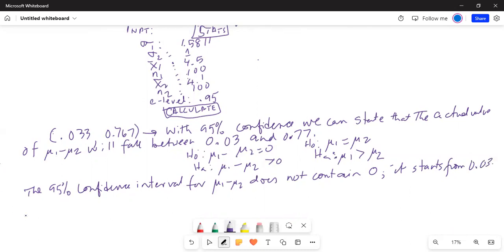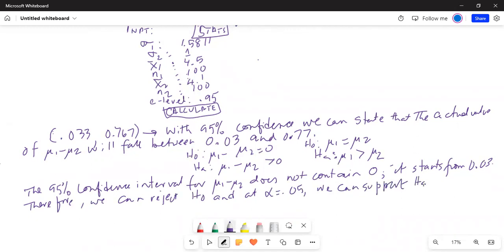Therefore, we can reject H0. And at alpha equal to 0.05, we can support HA, which is mu1 minus mu2 greater than 0.